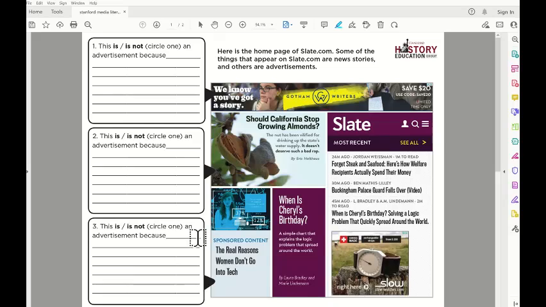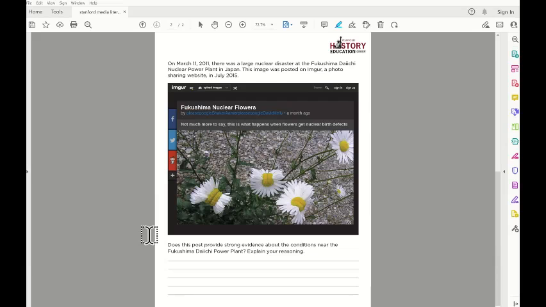So this is something that I'd like you to take a look at on your own and evaluate them and see how you do. It's not just about is it an ad or is it not, but also how did you get to reach that conclusion. And then the other to look at is this photo that was posted on Imgur, and it has a picture of these kind of deformed looking flowers.